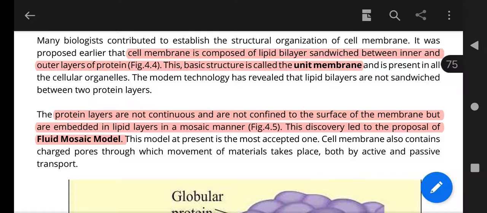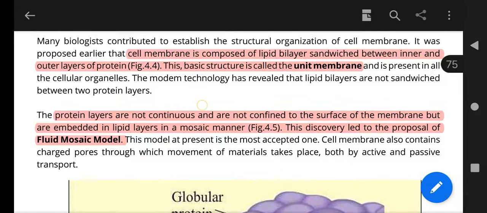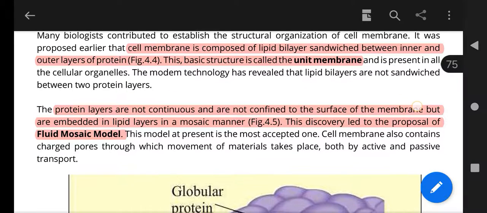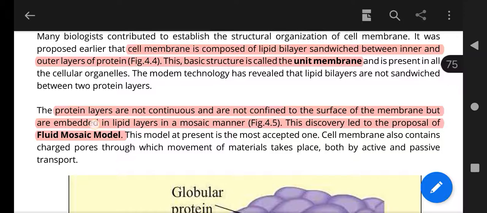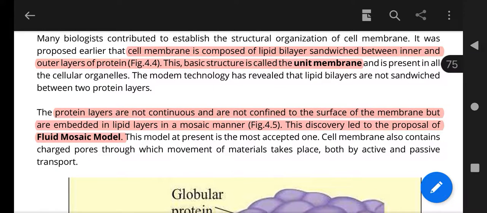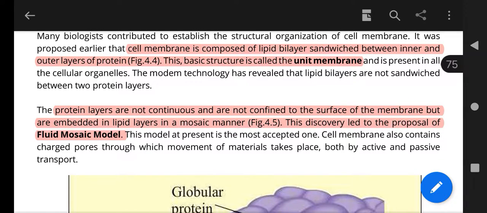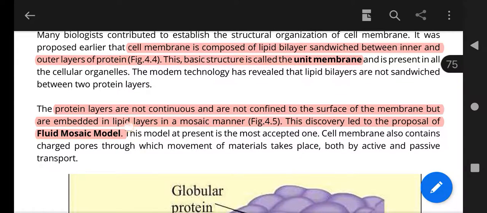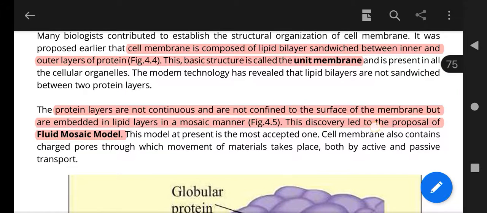The next model, the recent model, tells that the protein layers are not continuous and are not confined to the surface of the membrane but are embedded in the lipid layer in a mosaic manner. The word mosaic means rough or random. This discovery led to the proposal of the fluid mosaic model. This model at present is the most accepted one.